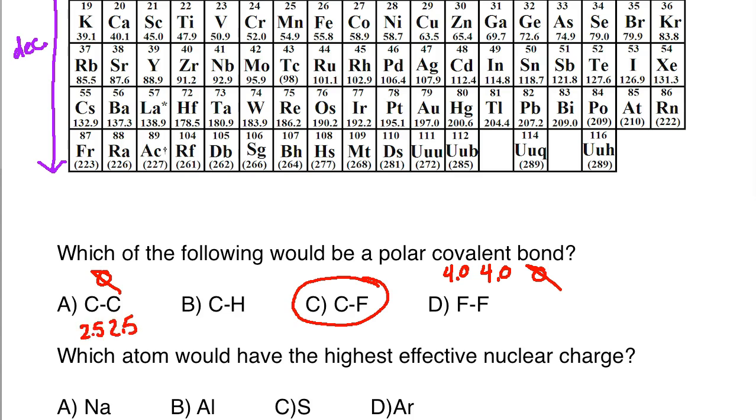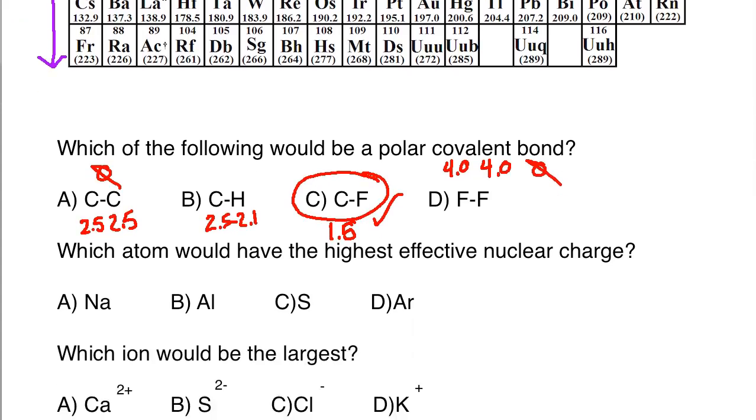Carbon-hydrogen, if you remember, was 2.5 and 2.1, so that's not a great enough difference to really classify it as polar. That leaves the carbon-fluorine bond where the difference was a little bit larger. We had 2.5 and 4.0, so the difference was 1.5 in terms of the electronegativity difference. That's enough to classify that as a polar covalent bond. So C is the correct answer for that one.